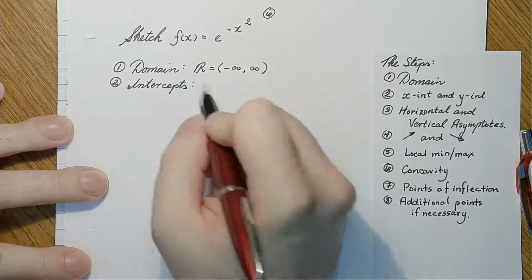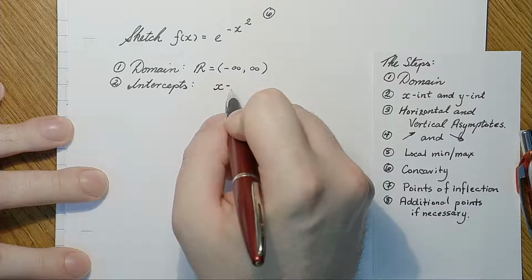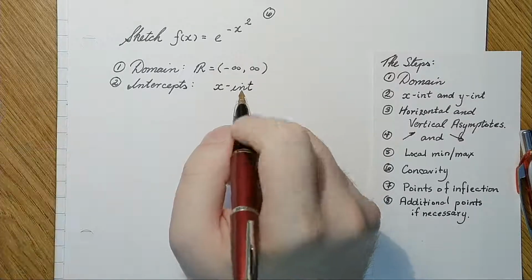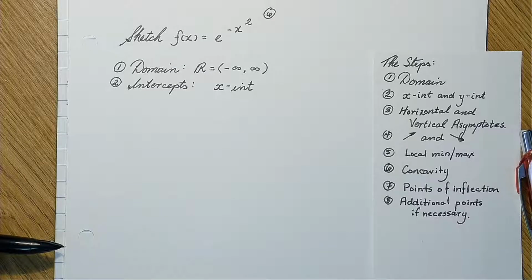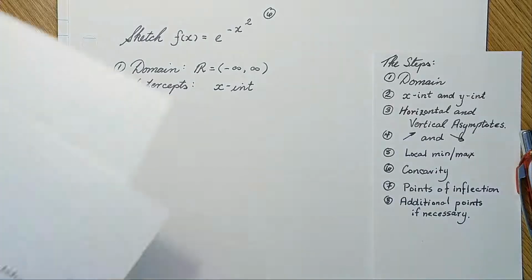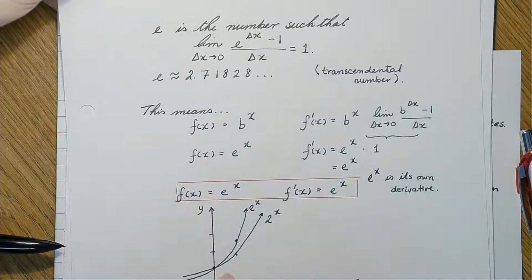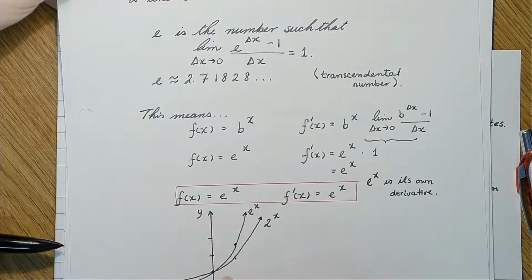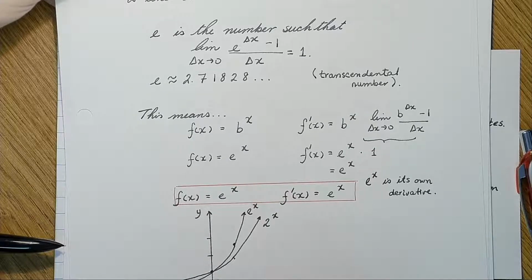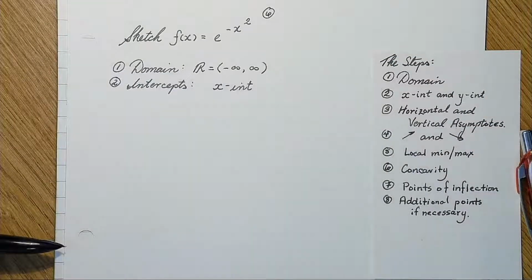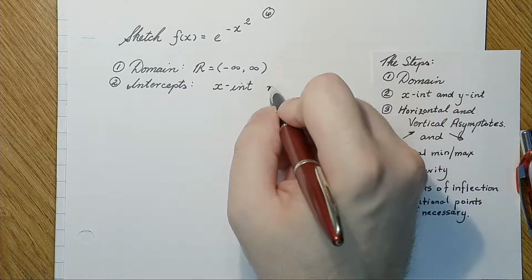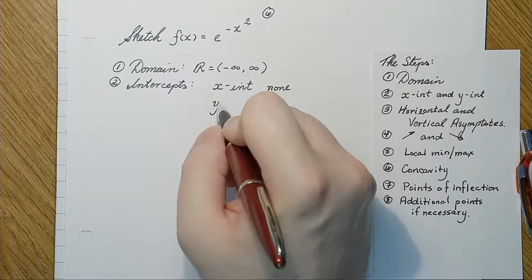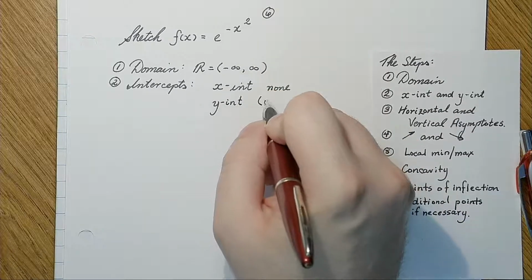So for that, we know already that in general this function does not have any x-intercepts. It's always positive. But it does have a y-intercept, and that would be at 0, 1. So we'll write that down. There is none for the x, but for the y, it's at 0, 1.